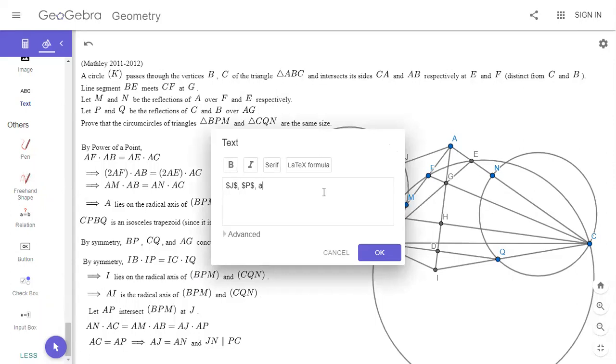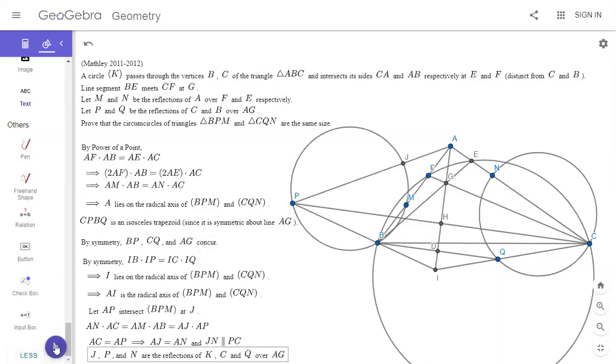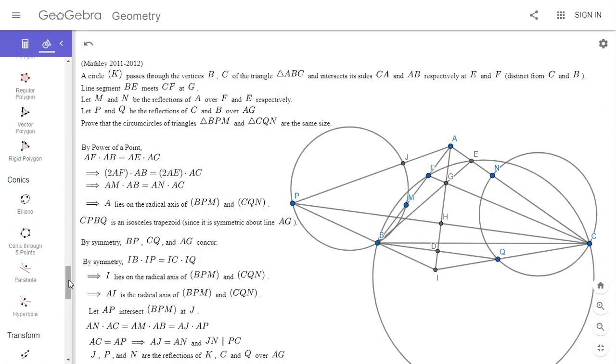But wait, how did we prove that it's an isosceles trapezoid in the first place? Oh, one sec. That should be dependent upon G, and we didn't use it. So yeah, we started with points B and C. If you reflect them over the line AG you get Q and P. If you take any two points and you reflect them both over a line, you get an isosceles trapezoid, right?